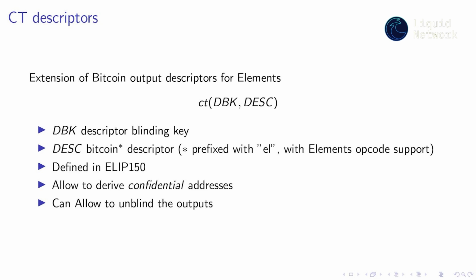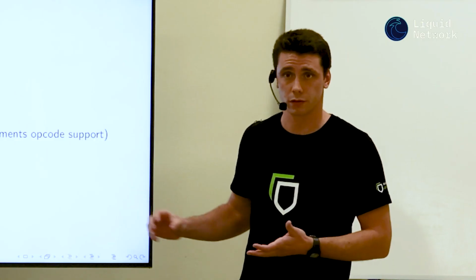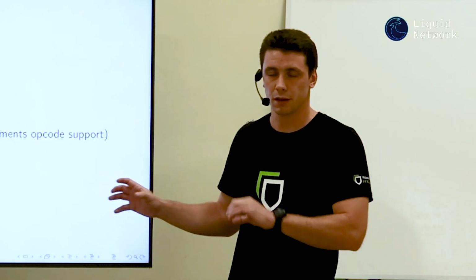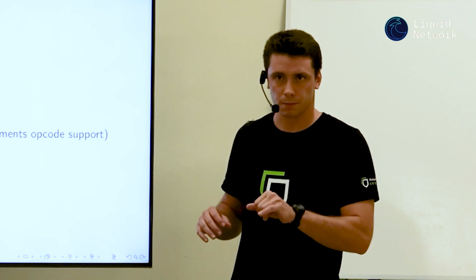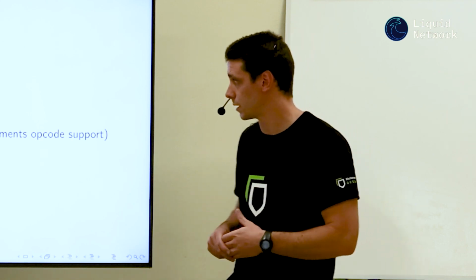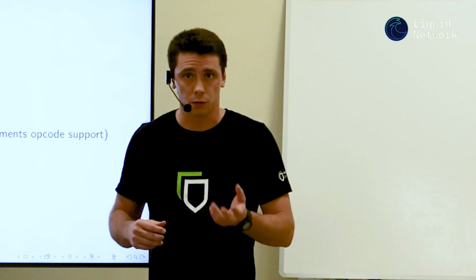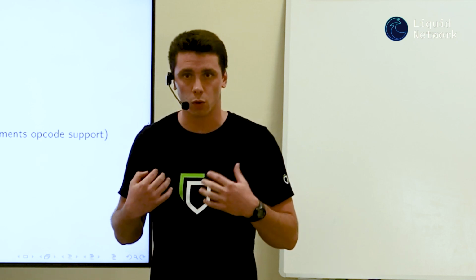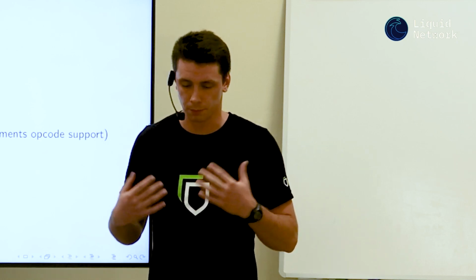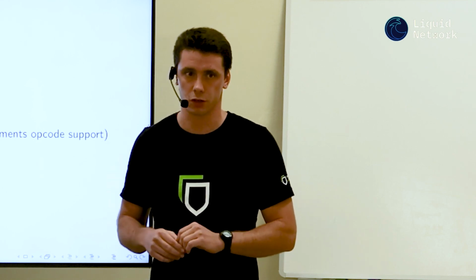So with a CT descriptor, I'm able to derive an address, which however is not confidential, meaning that it does not have the blinding public key. With a CT descriptor, I'm also able to derive a confidential address: the scriptPubKey plus the blinding public key. However, sometimes I want to put more information in the descriptor.